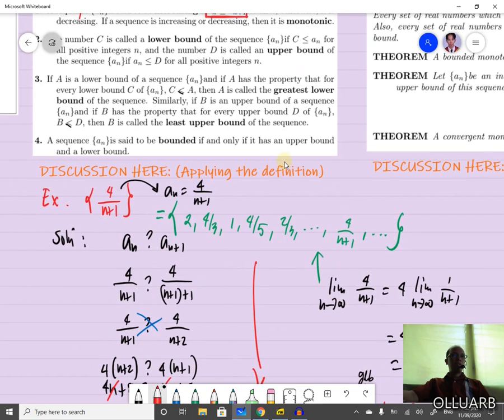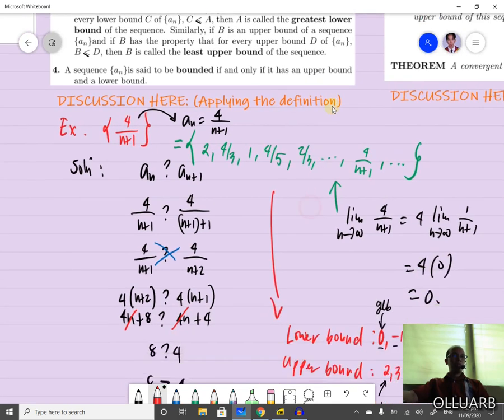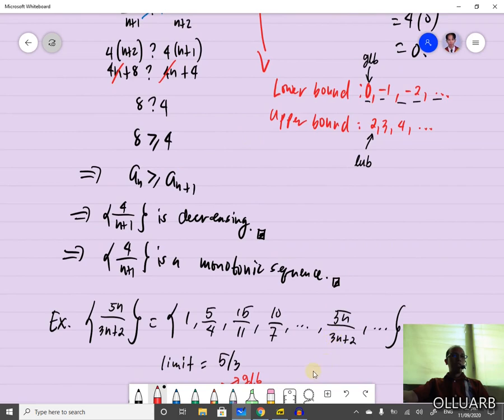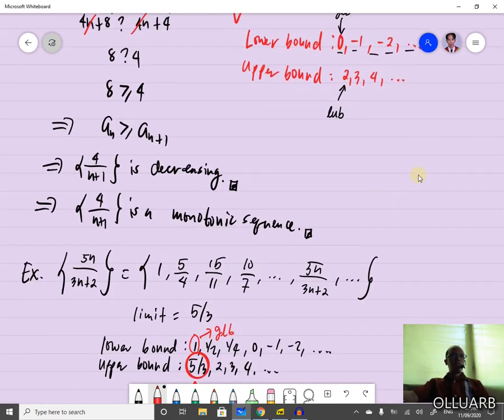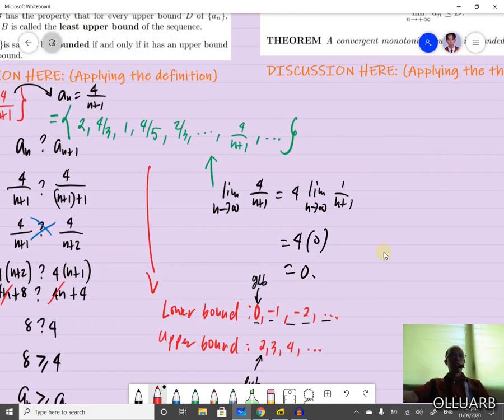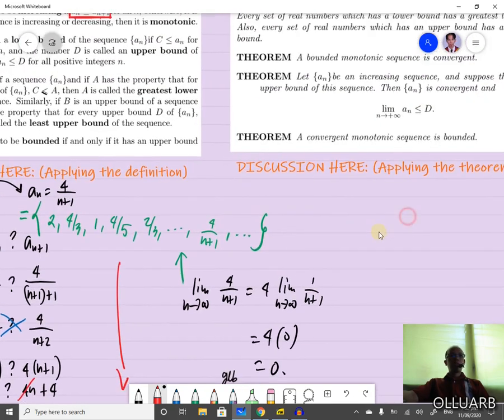It doesn't say greatest lower bound or least upper bound, but it says it has an upper bound and a lower bound. So if the sequence has an upper bound and a lower bound, then that sequence is bounded. The sequence 4 over n plus 1 and the sequence 5n over 3n plus 2 are examples of bounded sequences.